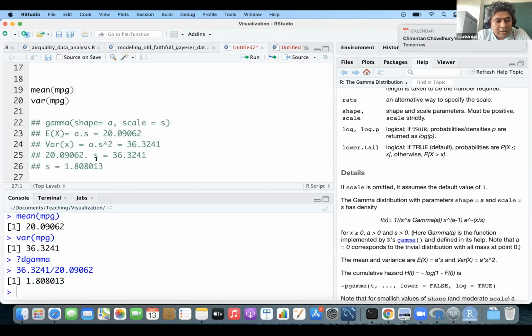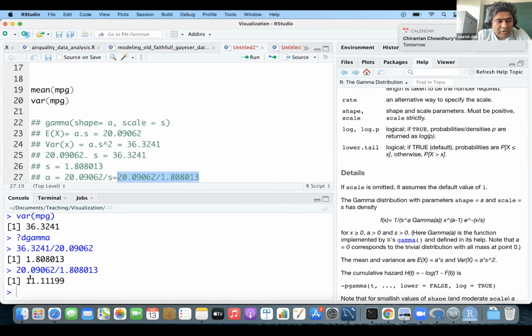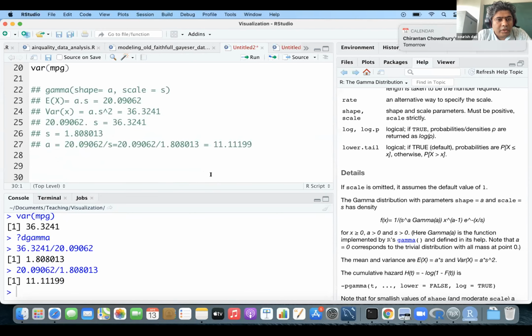And then we do know that A equals 36.4 divided by S, which is divided by 1.808, this is 11.8. Okay. So we now got it.